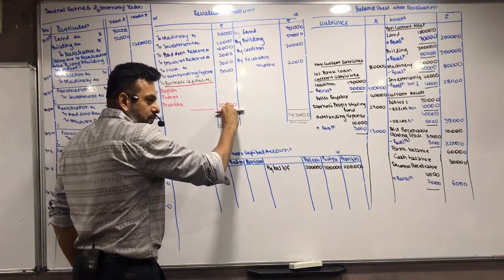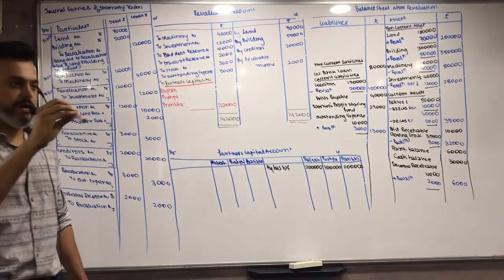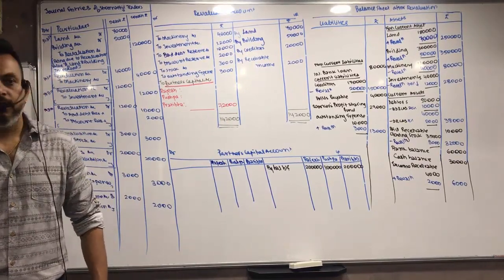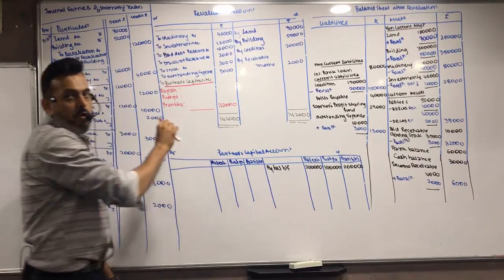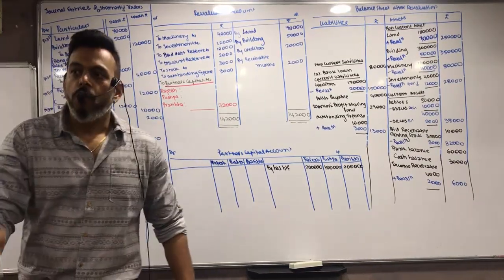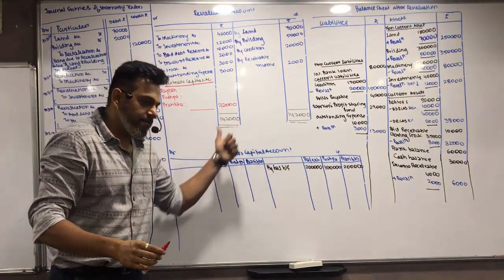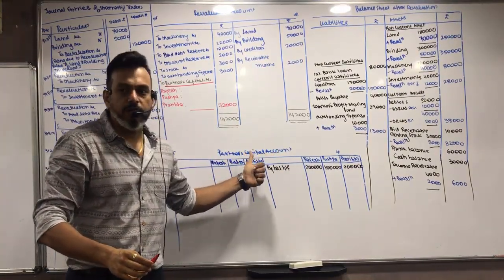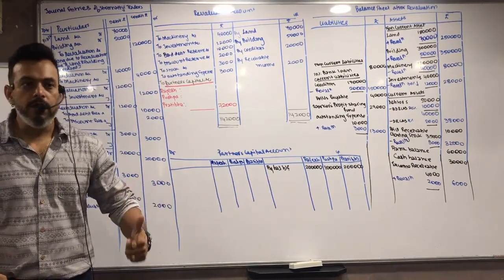This 72,000 is the net increase because of revaluation of assets and liabilities. Now this will go in what ratio? Old ratio or new ratio? Old ratio, because it belongs to everything as on 31/3. So it will always go in the old ratio.